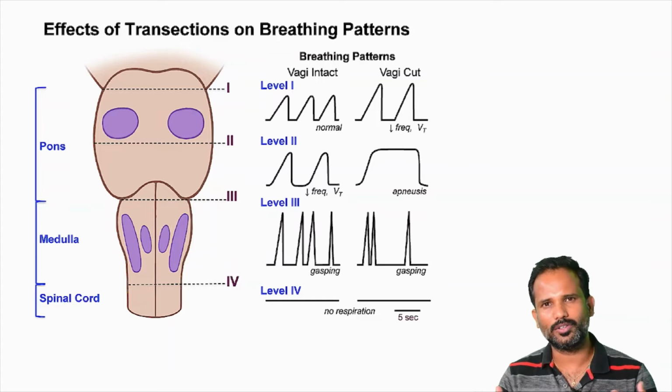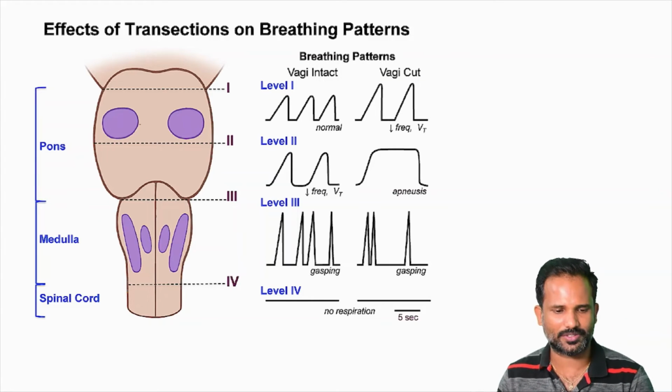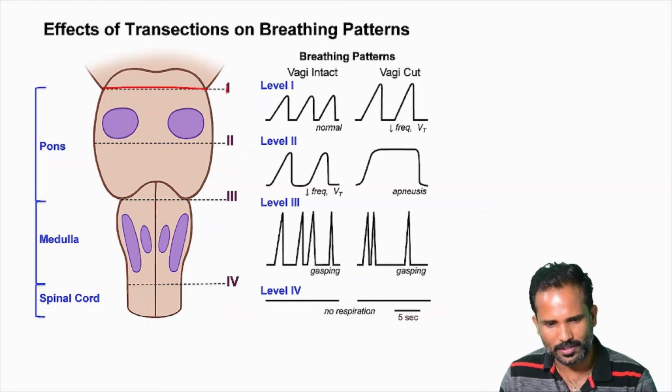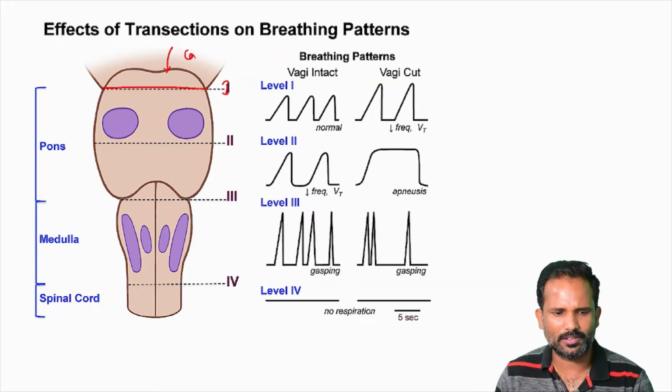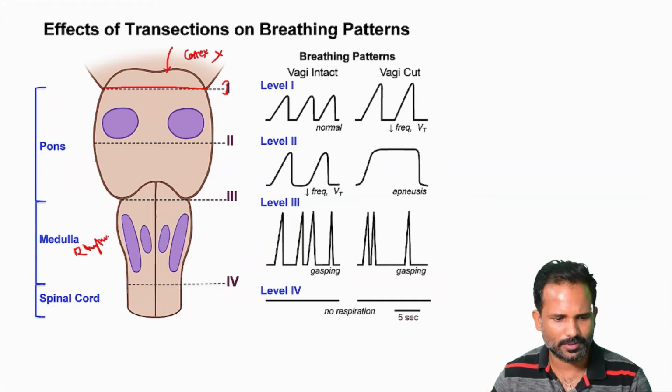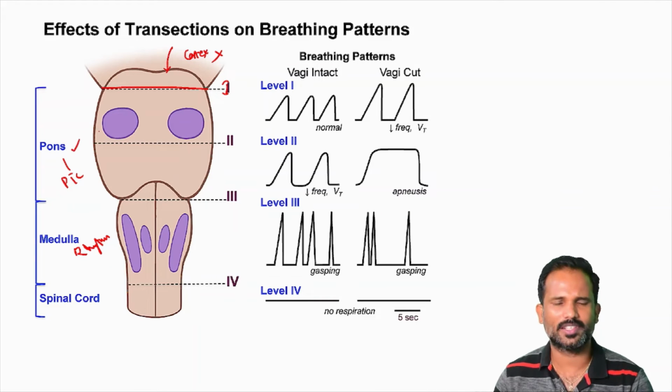And what happens if there is a transection? Or to know the function of this, we make a lesion. So let us think that this is the pons. I made a lesion above the pons. Above the pons means maybe the voluntary control by the cortex is lost, but the respiratory rhythm is maintained by the medulla. So that is intact, and it is controlled by the pneumotaxic center, that is the pons, that is also intact.